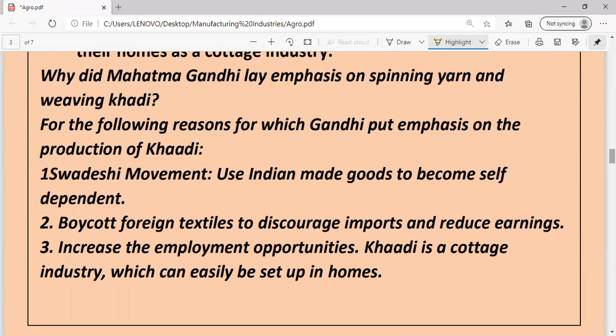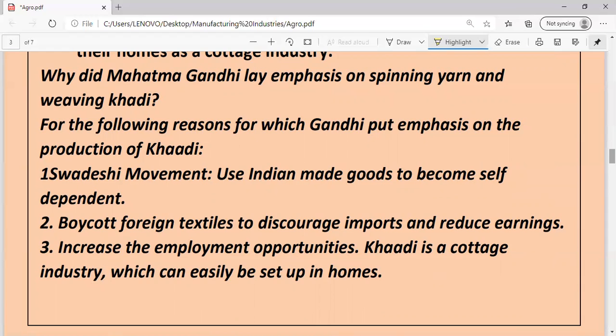First, Swadeshi movement. Swadeshi movement means use Indian made goods to become self-dependent. That is, we should make our own goods so that there is no need to import goods from outside. Swadeshi movement: love for one's own nation, nationalism, patriotic spirit. Second, boycott foreign textiles to discourage imports and reduce their earnings.